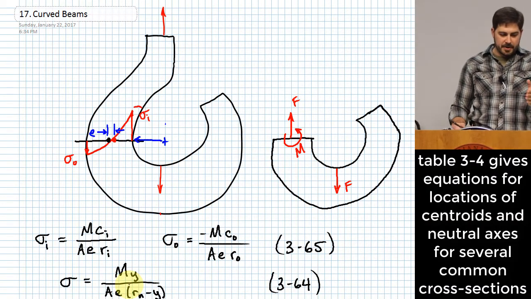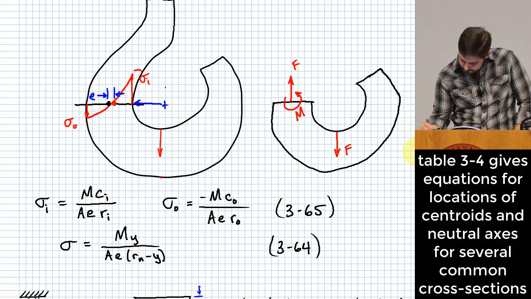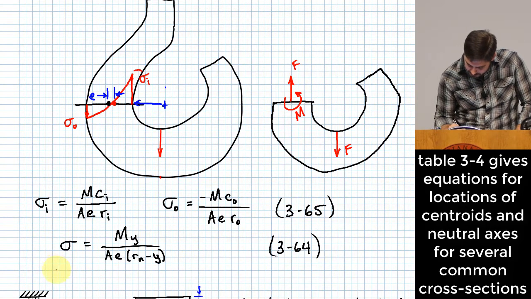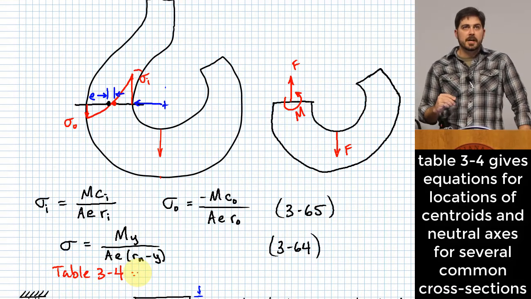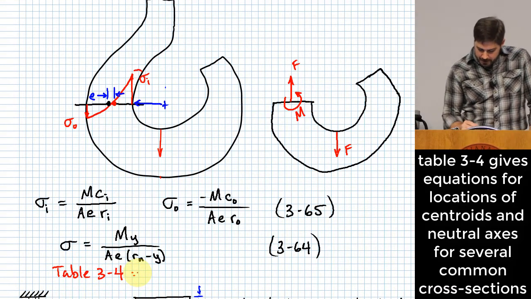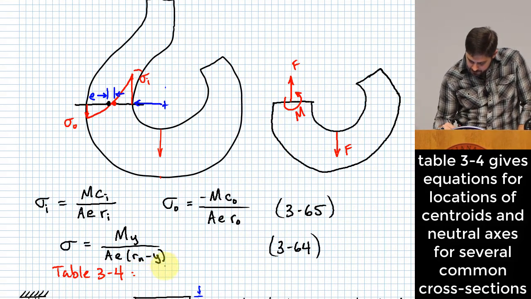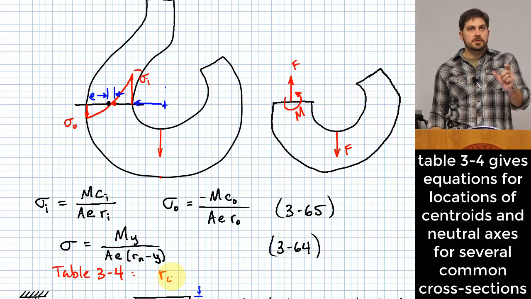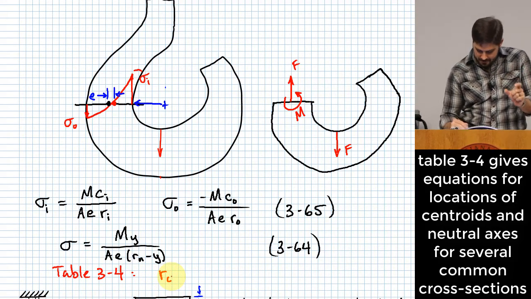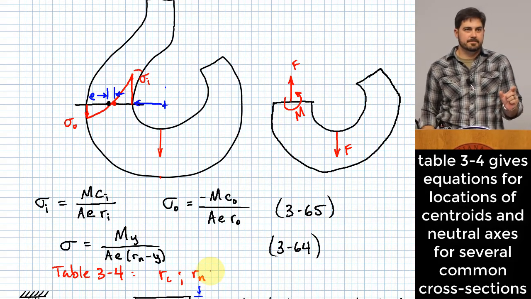We have table 3.4. Okay, I'll mention that down here. Table 3.4 gives us some nice formulas to be able to find a couple of different things. Those two things are the radius to the centroid of the cross section and the radius to the neutral axis.